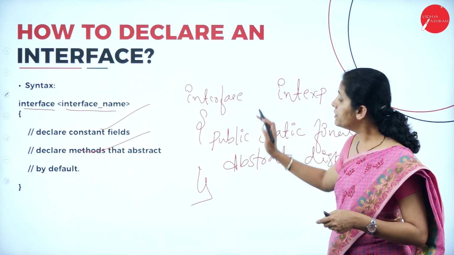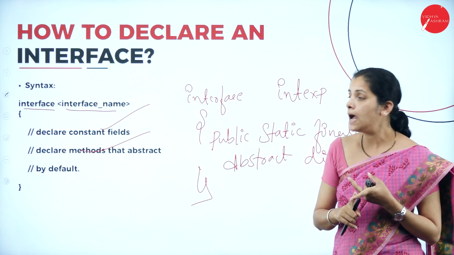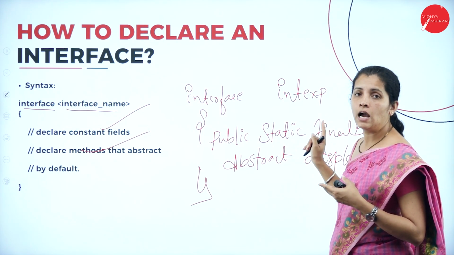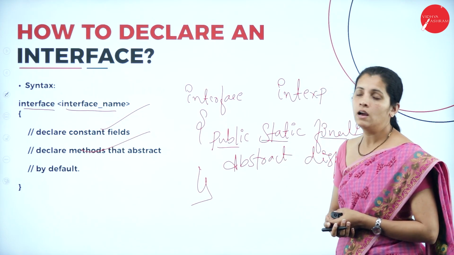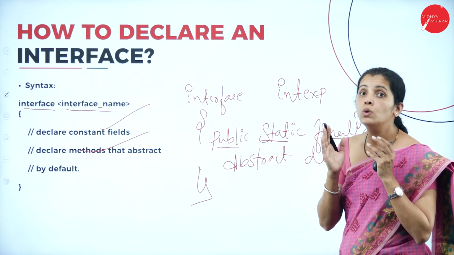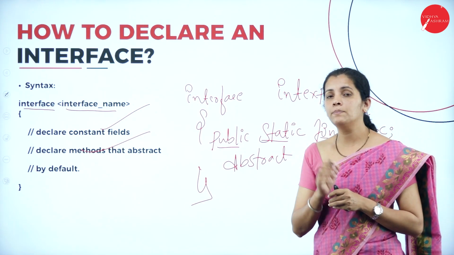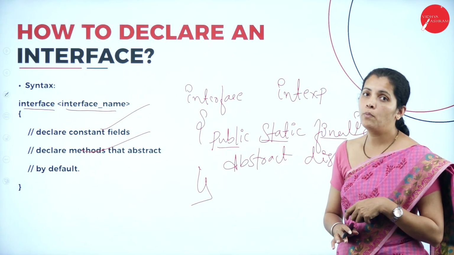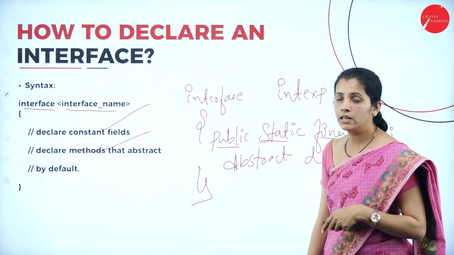So here, the interface includes only two parts, that is field declaration as well as abstract method. While defining any field, I want to consider public, static as well as final. And while defining any method, I want to take care that it must be an abstract method. So what is an abstract method here? That is nothing but a method that does not have any body. So this is all about how to declare an interface.